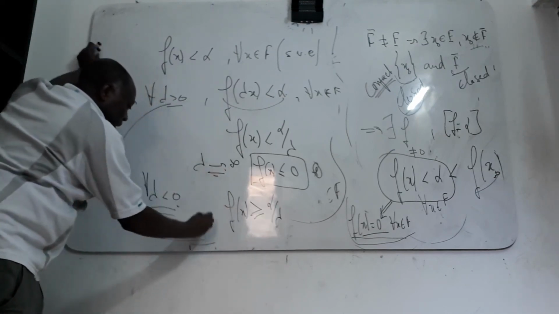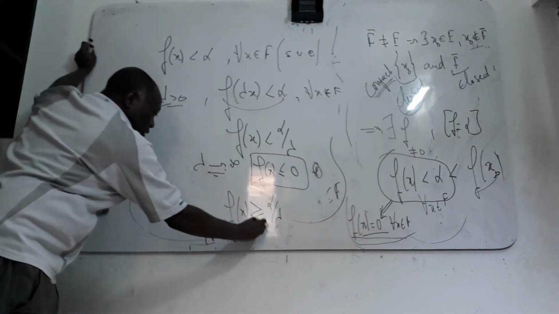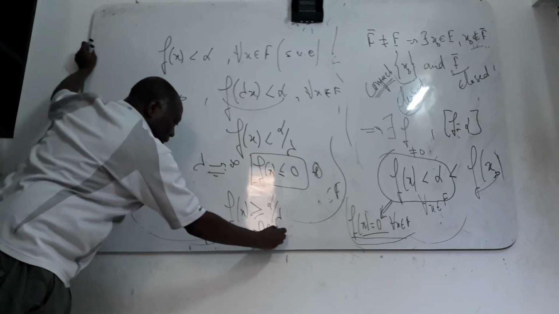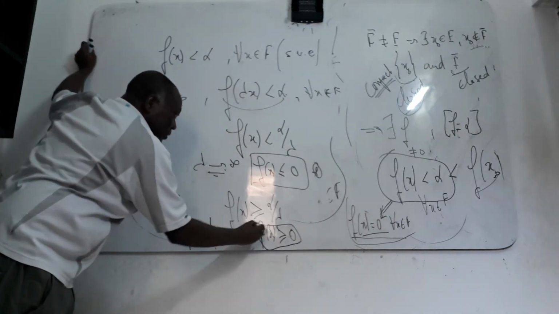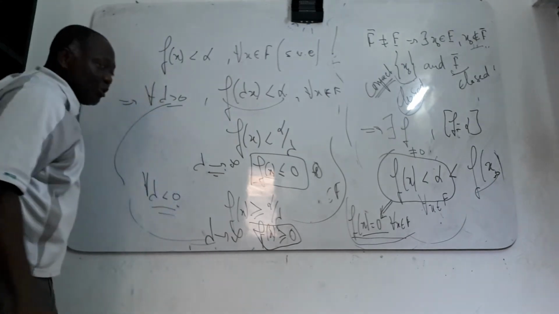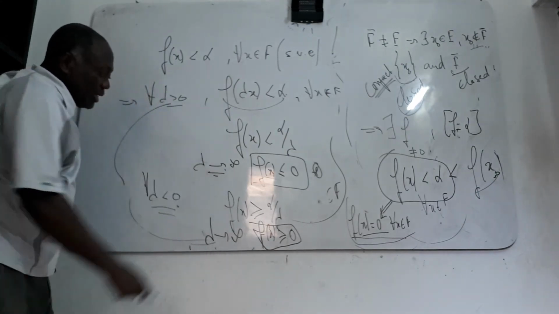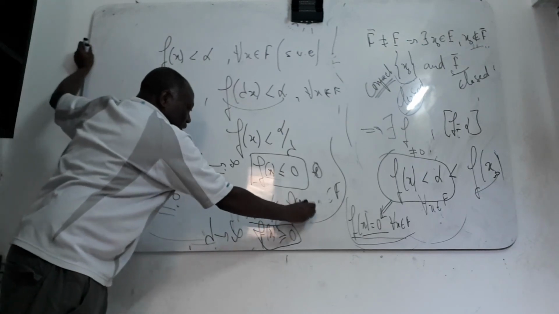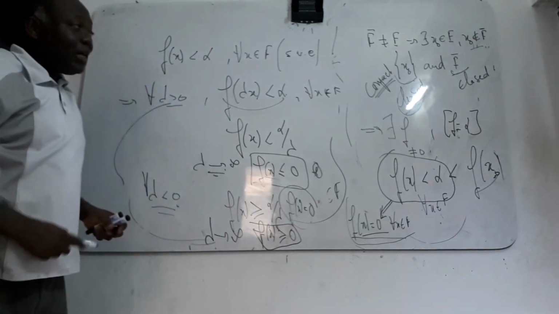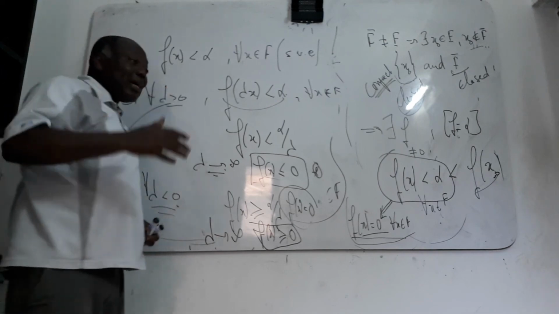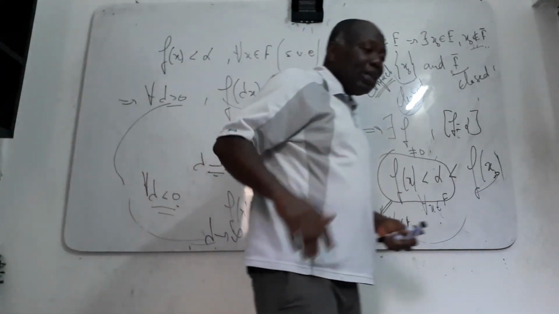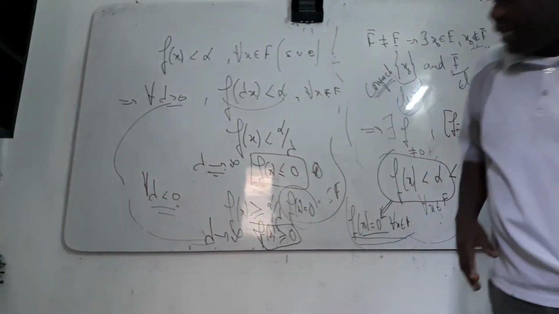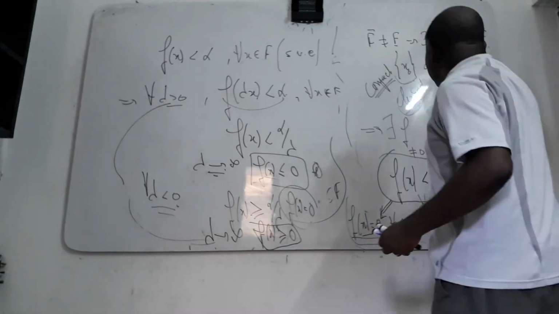And you do the same thing: lambda tends to infinity, you have f of x must be greater than or equal to 0. Less than or equal to 0 and greater than or equal to 0, then you have f of x equal to 0. Then we have that any linear map which is bounded on a linear vector space is necessarily equal to 0.